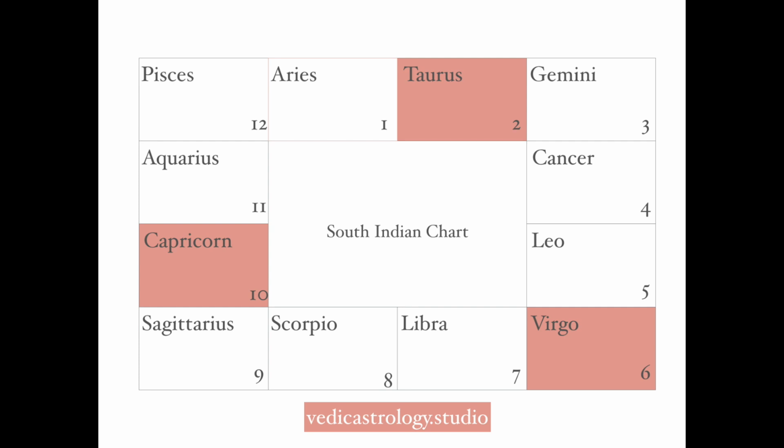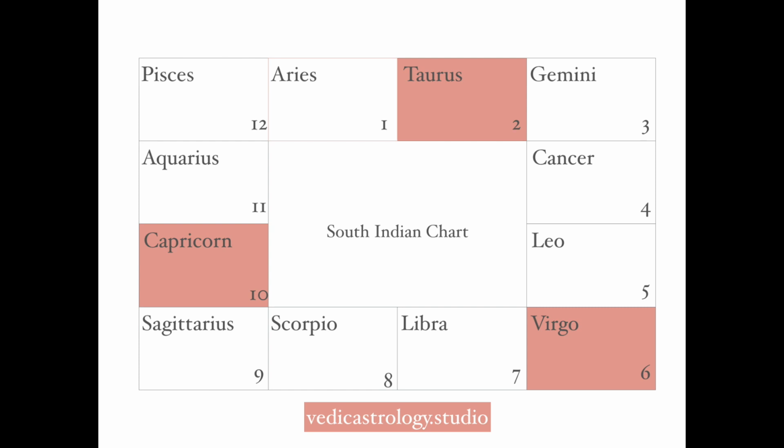So when the person has a lot of planets in these signs, in the earth signs, these people are more about materialistic pursuits. They're more about career. They're more about working, work. They're more about accumulating things, especially Taurus.